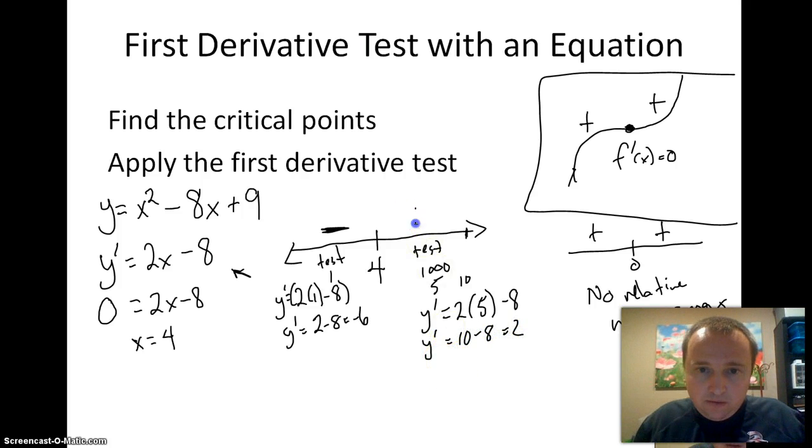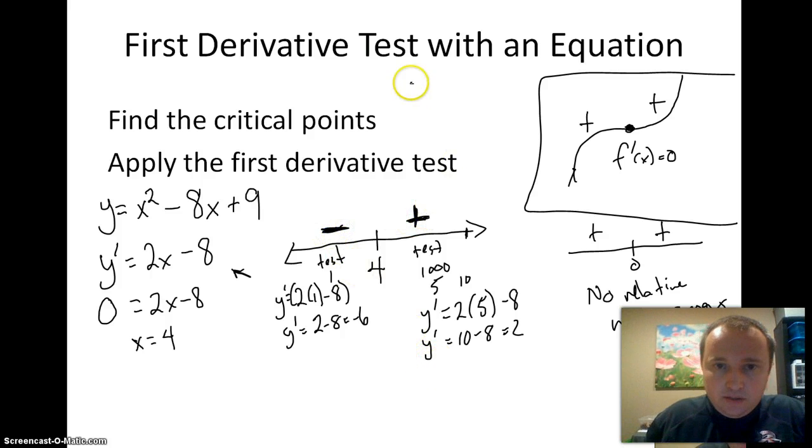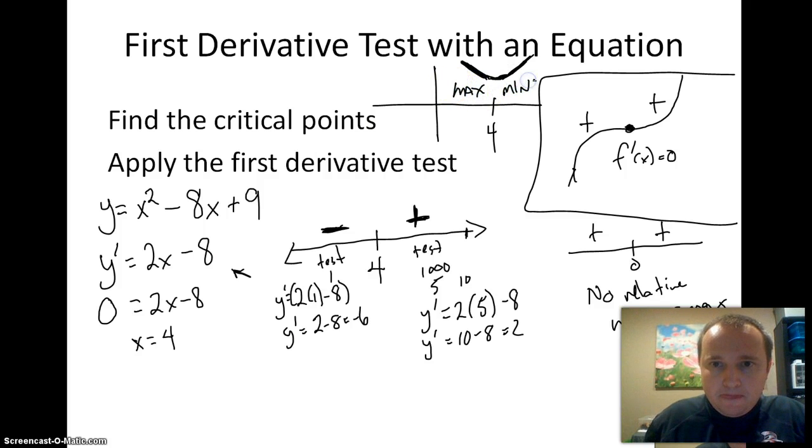So the slope is positive afterwards. So if the slope's positive, let's think about my function. It's decreasing and then it's increasing. So if I were to draw my function, when I'm at x equals 4, my function is decreasing, levels off, and then it's increasing. Do I have a max or do I have a min?